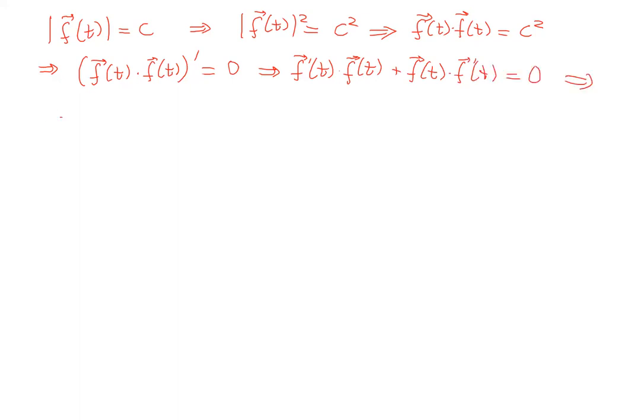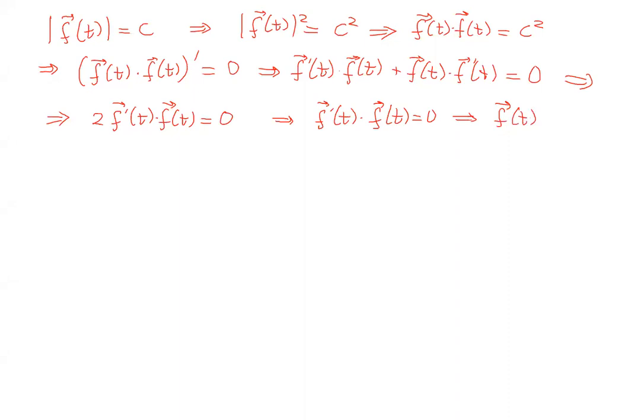That means that twice the derivative dot the function is 0, since the dot product is symmetric, which means that f prime of t dot f of t is 0, which means that the two vectors are orthogonal.